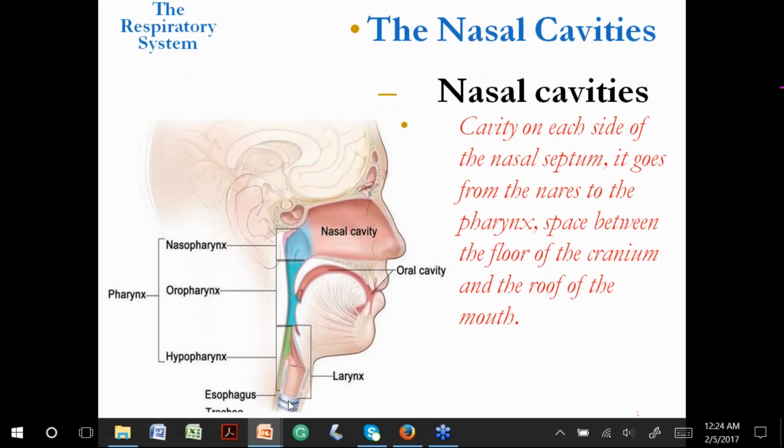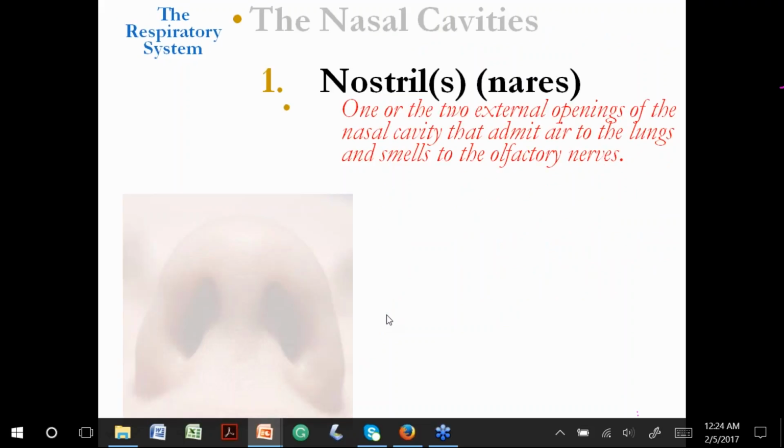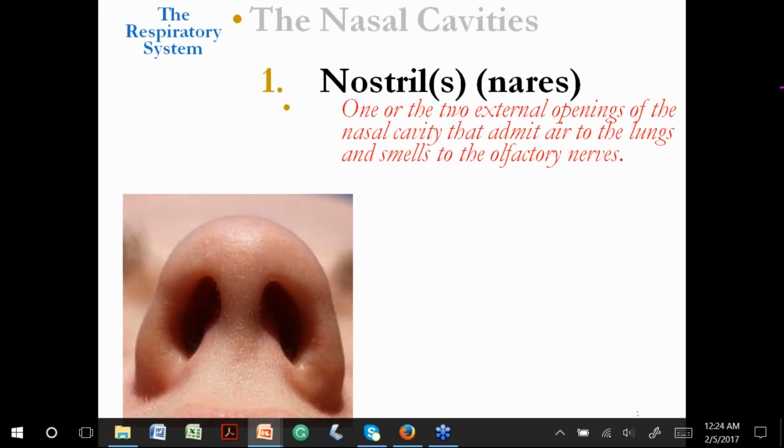And here we have the respiratory tract in front, anteriorly, and posteriorly of the trachea or respiratory system, we have the esophagus. So let's focus on the nasal cavity first. In the nasal cavity, we are going to start talking about the nostrils. Those are two openings on the front of the nasal cavity.